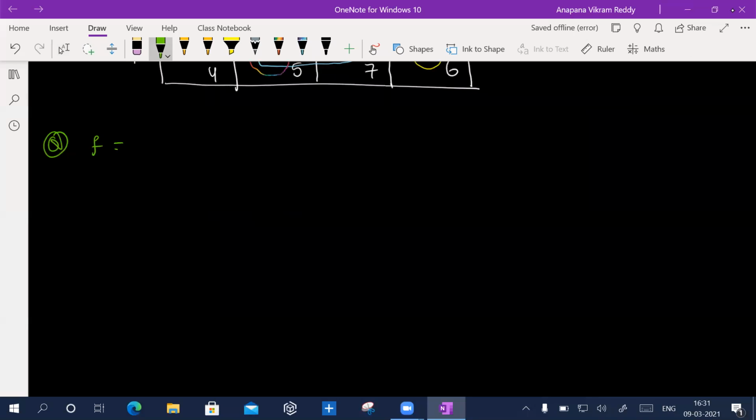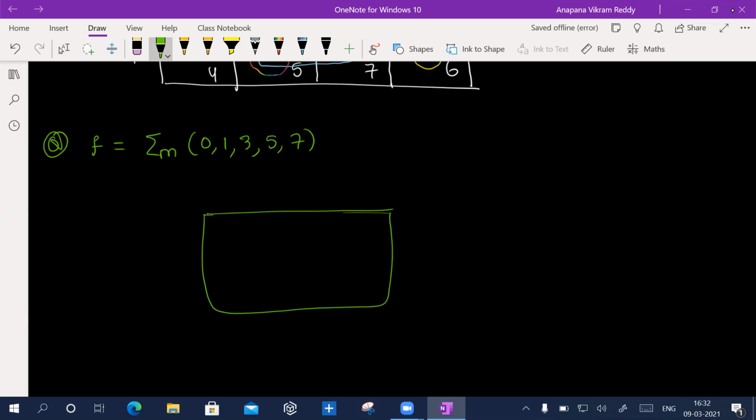So then again you have like this. Sum of minterms 0, 1, 3, 5, 7. How many PIs, how many implicants here first of all? 5, sir. Okay, 5. Just count the number, that's 5. So A, B, C: 0, 0, 0, 1, 1, 1, 1, 0.